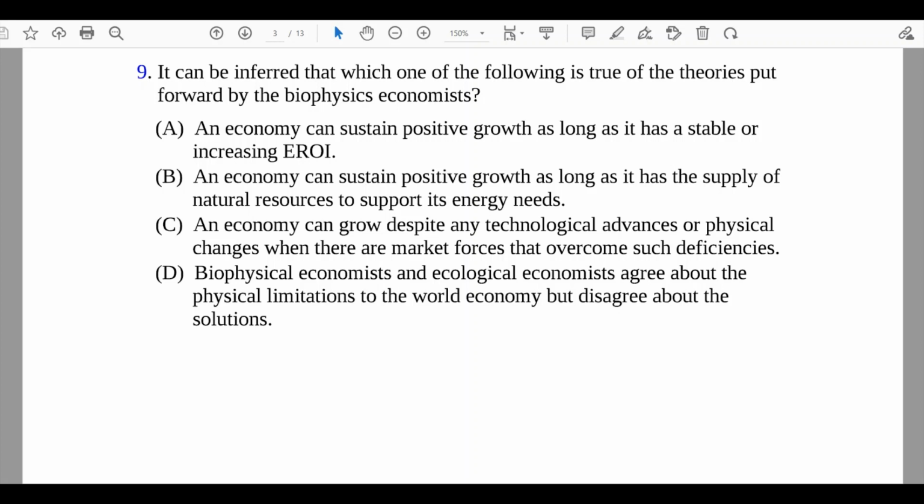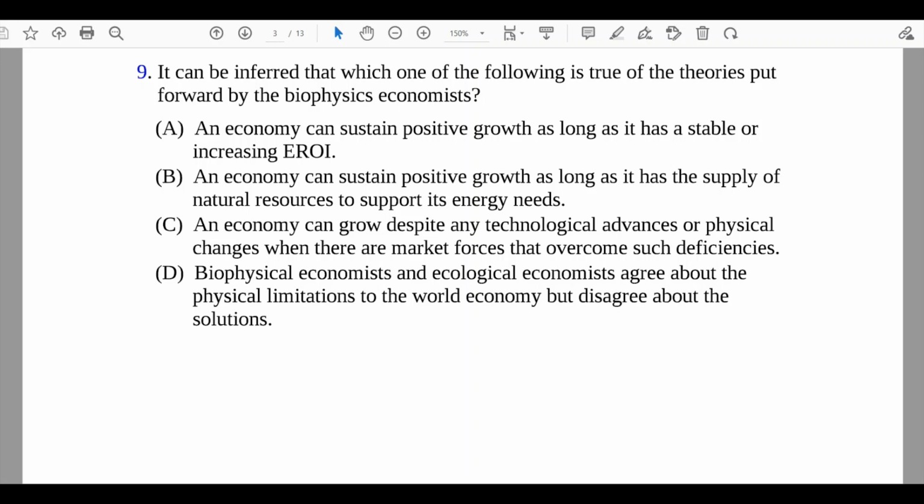Actually, answer A, our correct answer, mentions that an economy can survive as long as it has a stable or increasing EROI. This is exactly how the passage describes the function of the EROI. It says that an economic system requires a positive EROI in order to survive. This is probably your answer, but you must review the remaining options to be certain.